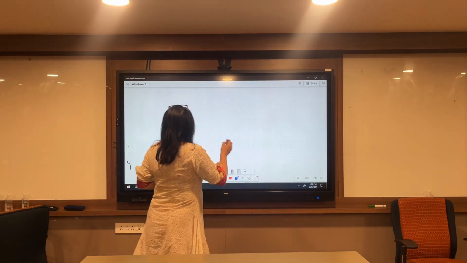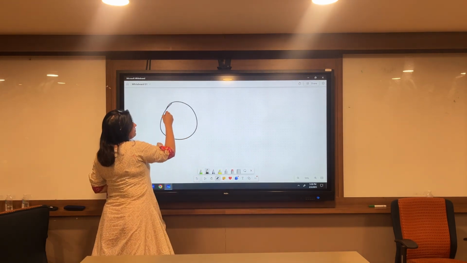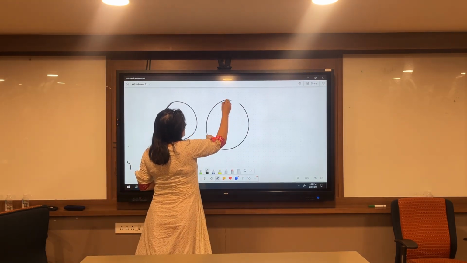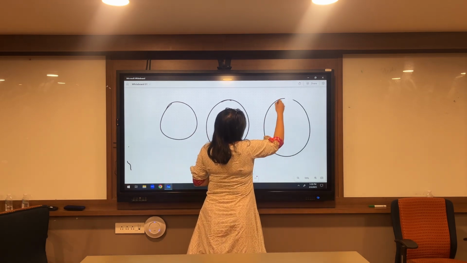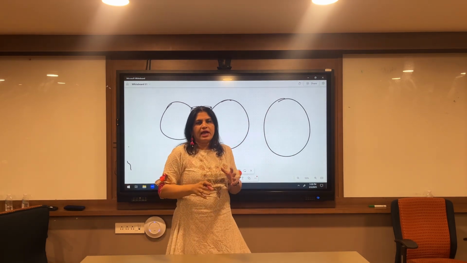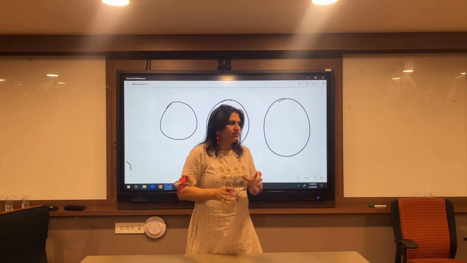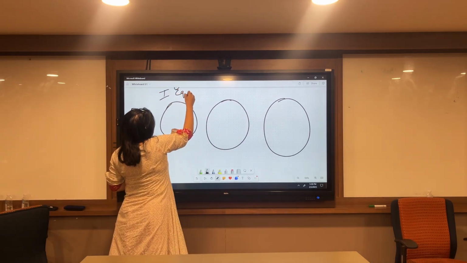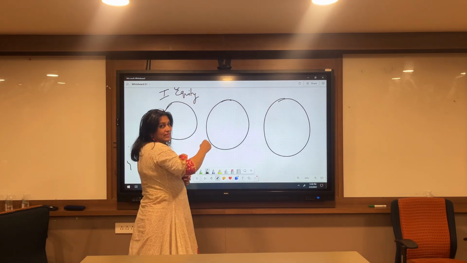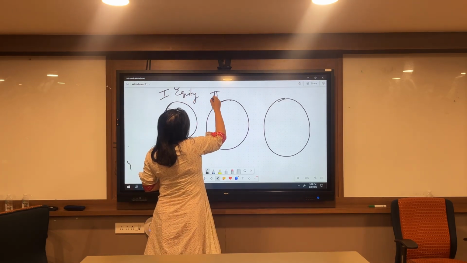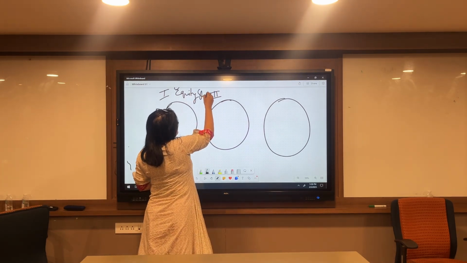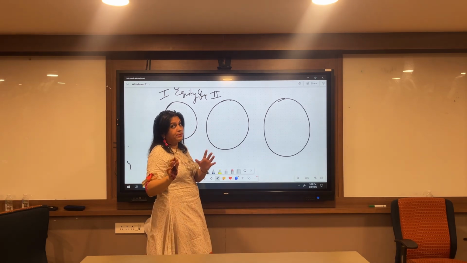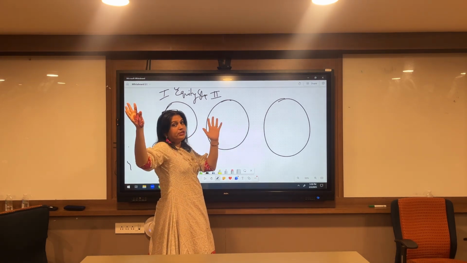Let's say there are three possibilities of a company having the capital structure. The first one has only equity in the capital structure. When I say equity, I am referring to equity share capital and not to equity in totality.